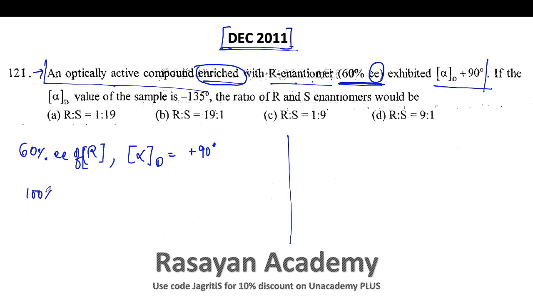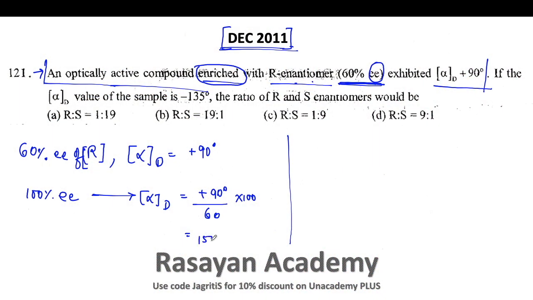So how much will 100% show? 100% enantiomeric excess will show how much specific rotation, that can be done by the unitary method, isn't it? Into 100%. So how much is this going to be? This is 150, 150 degrees of your pure enantiomer.